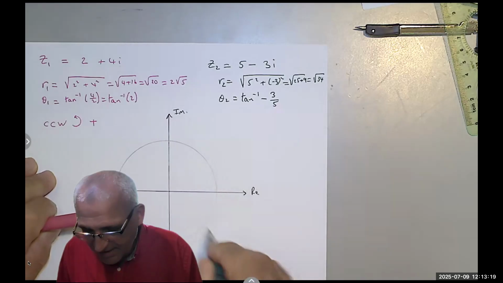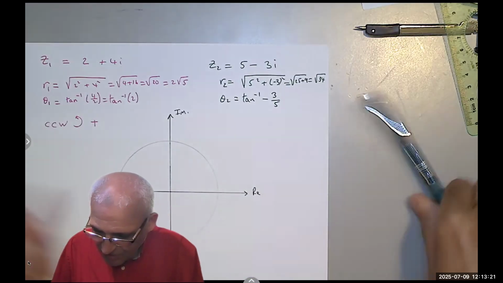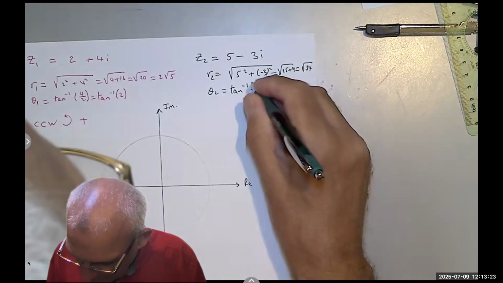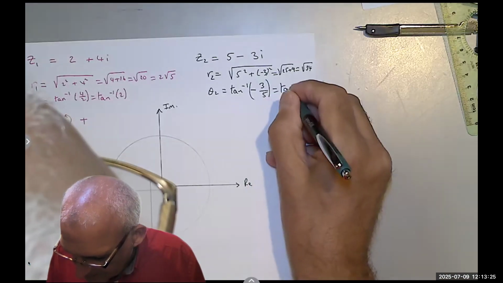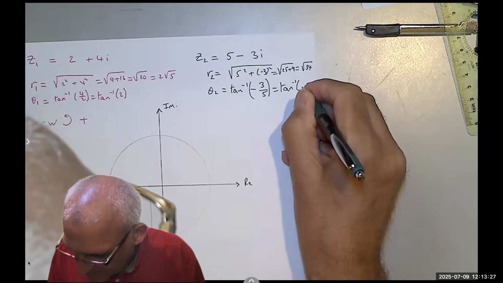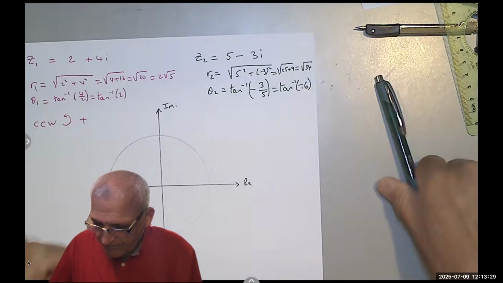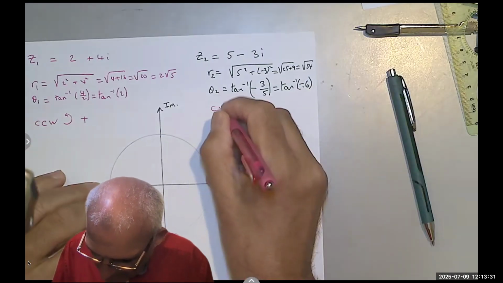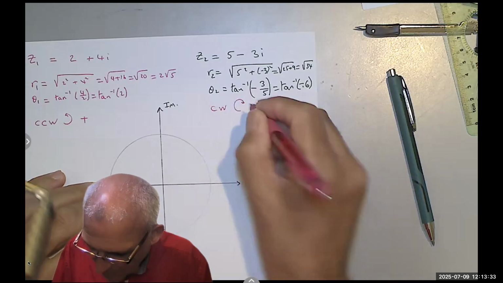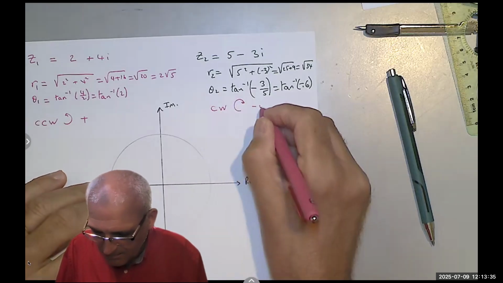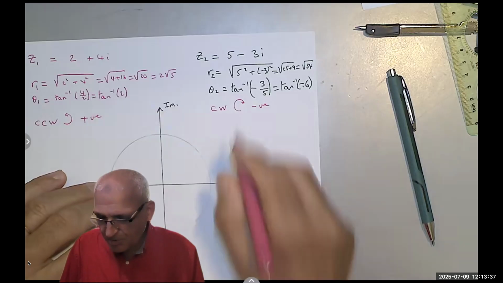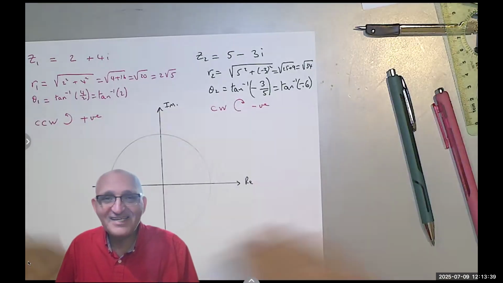Positive x, negative y, I'm in the fourth quadrant. So really I'm going clockwise, which is negative.